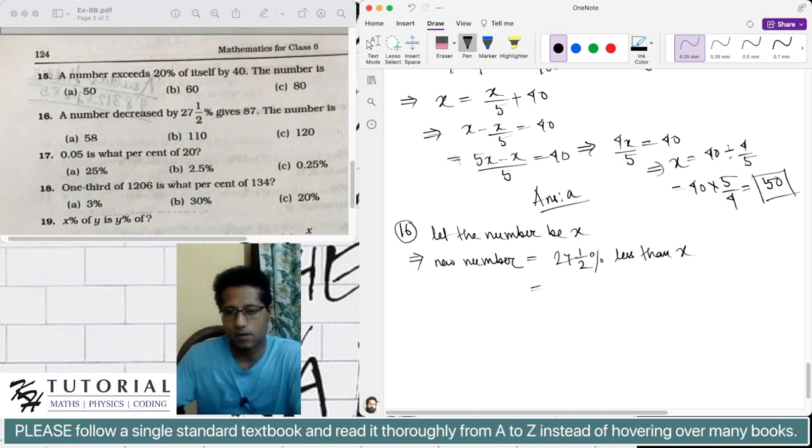It means, first of all, we must convert the mixed fraction 27.5 into an improper fraction. So this becomes 55 by 2% less than x. Now 55 by 2% less than x means (100 minus 55 by 2)% of x.